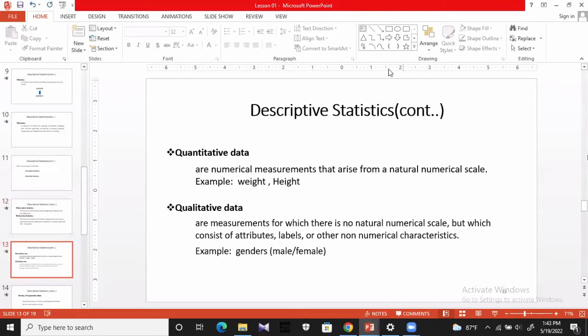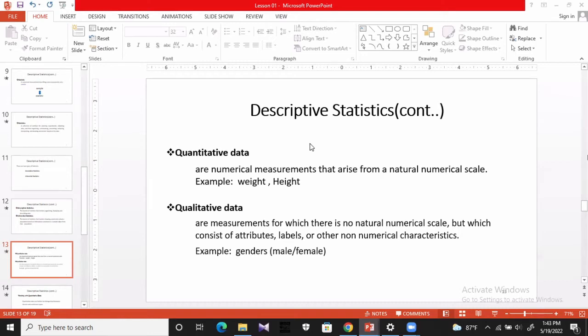In the previous example, our variable was the height of a student, right? It's a numerical value, no? So quantitative data means numerical measurements that arise from a natural numerical scale.